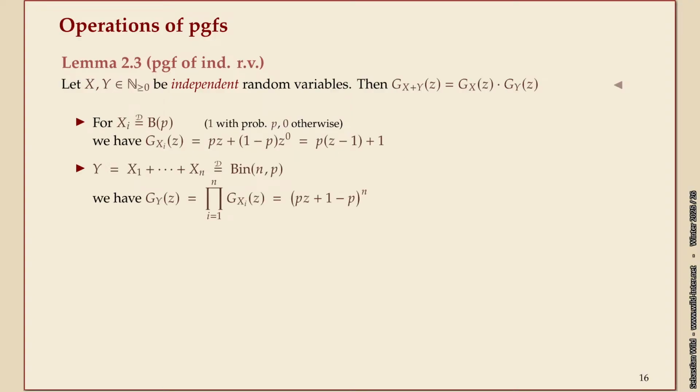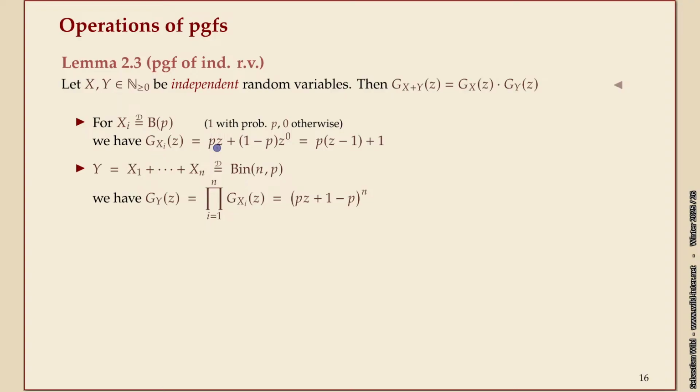Let's do a quick example here as well. This one I also find very useful to memorize stuff. Say you have Bernoulli random variables, so just coin flips with a bias, so they come up with probability P to be 1 and 0 otherwise. Then the probability generating function of this simple coin flip is very easy.